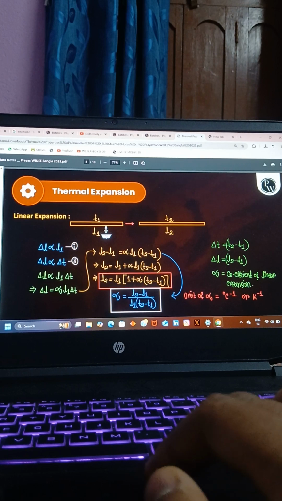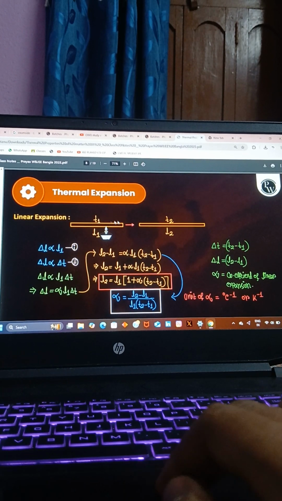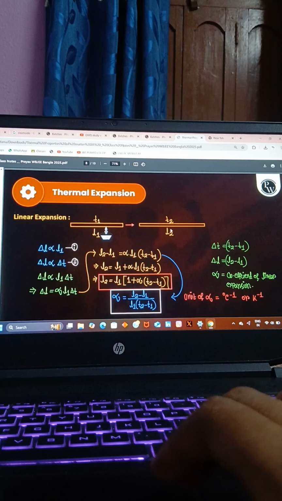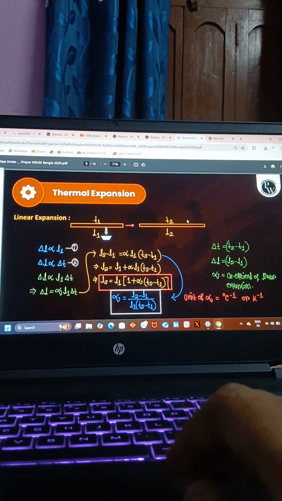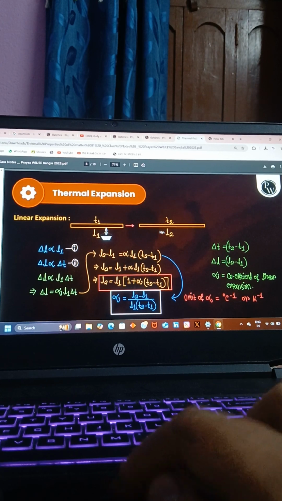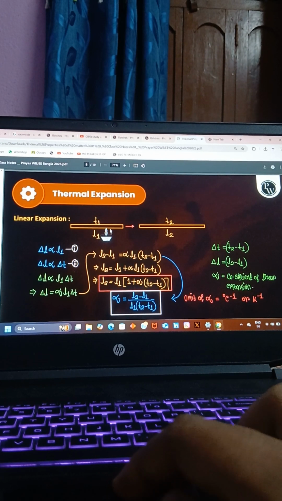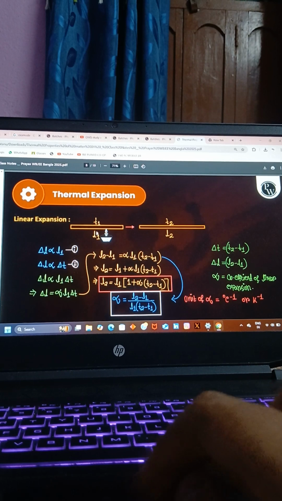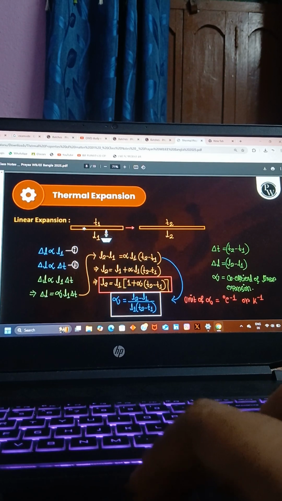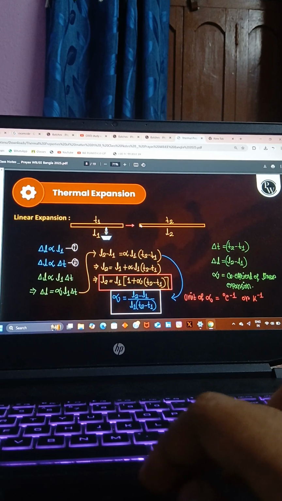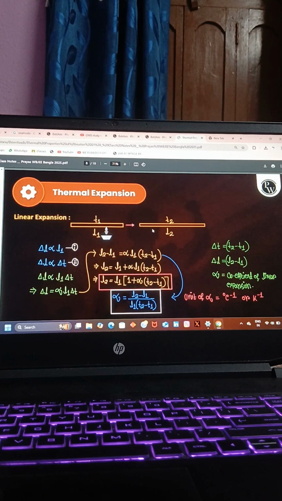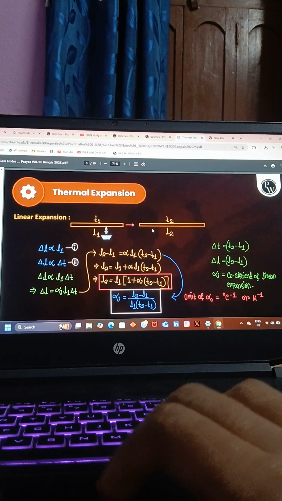If we continuously heat the rod, it will change and make a different length rod. Its temperature is T2, because we continuously give heat, and it changes its length to L2.